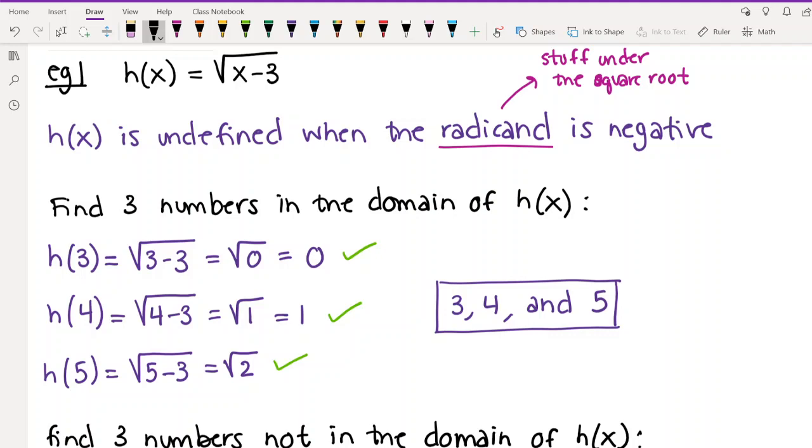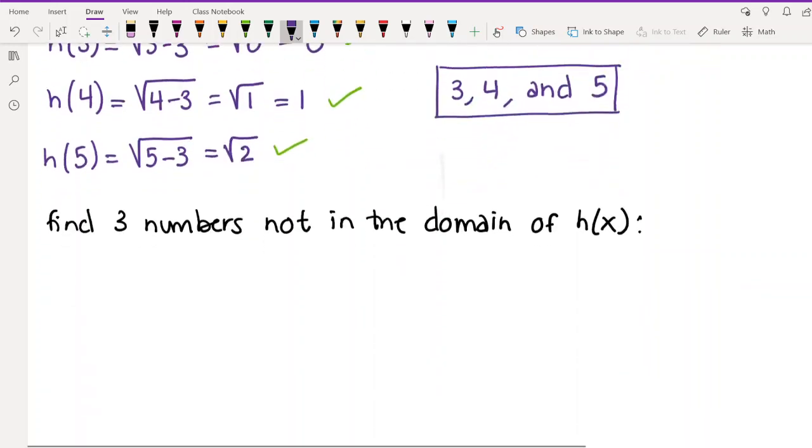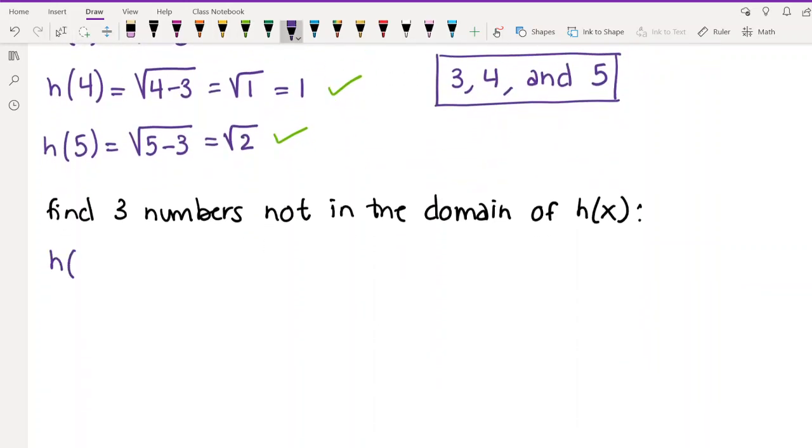So what could we do that would turn that around and give us something undefined instead? Well, if we plug in a number for x that is less than 3, then we're going to start getting negative results, right? So if we do, for example, h of 1, we would get the square root of 1 minus 3, which is the square root of negative 2, and that is undefined.